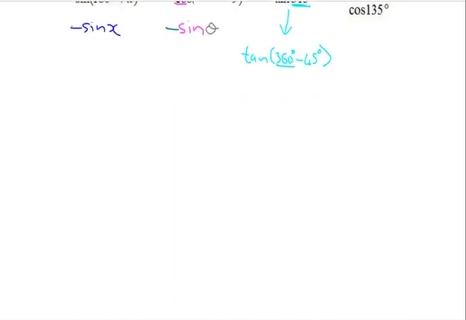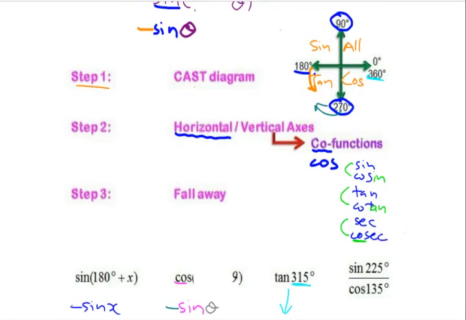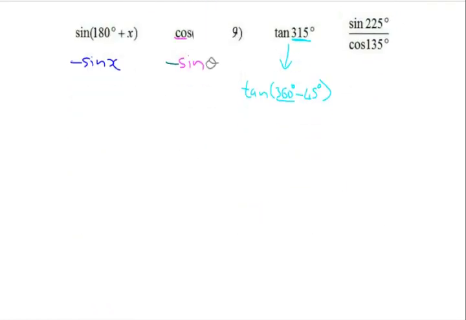But then we've got this expression 360 minus, so now we apply the three-step rule. 360 minus is in the fourth quadrant. Now in that quadrant cos is positive, but tan is negative. Then we are working with a horizontal axis, so tan stays tan, and step 3 says that part falls away, so all that remains then is the 45 degrees.